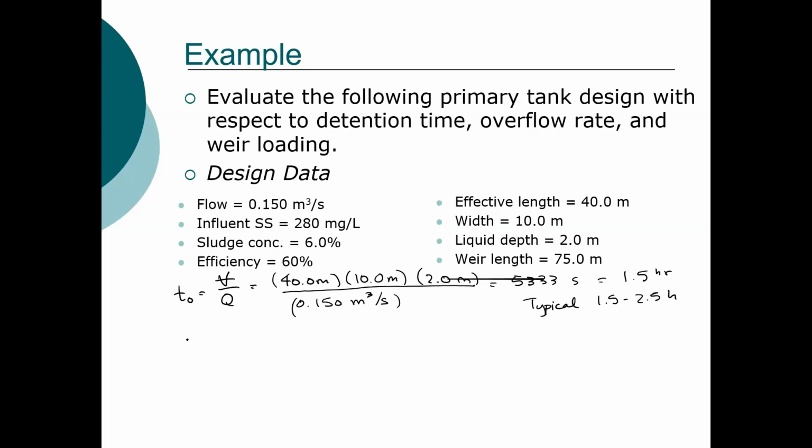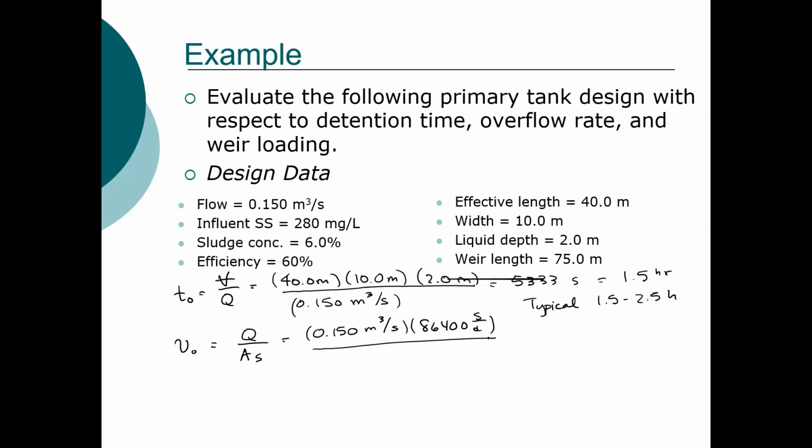The overflow rate, as you may recall, is equal to the flow rate divided by the surface area. So that is equal to 0.150 meters cubed per second. Typically, this is given in inverse days, so we'll multiply by 86,400 seconds per day.